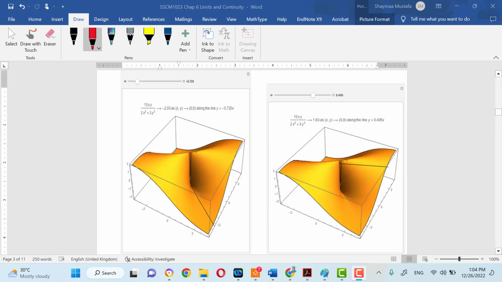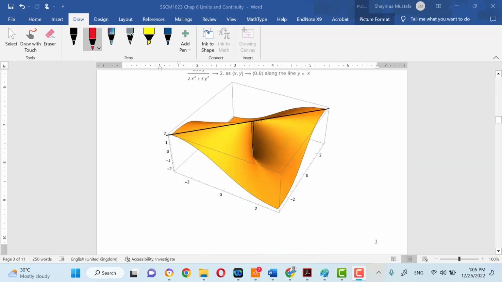If I choose the line y equals minus 0.7x, then the limit is equal to minus 2. But if I choose another path, y equals 0.4x, then the limit is equal to 1.6. So I have a different limit when I change the path.